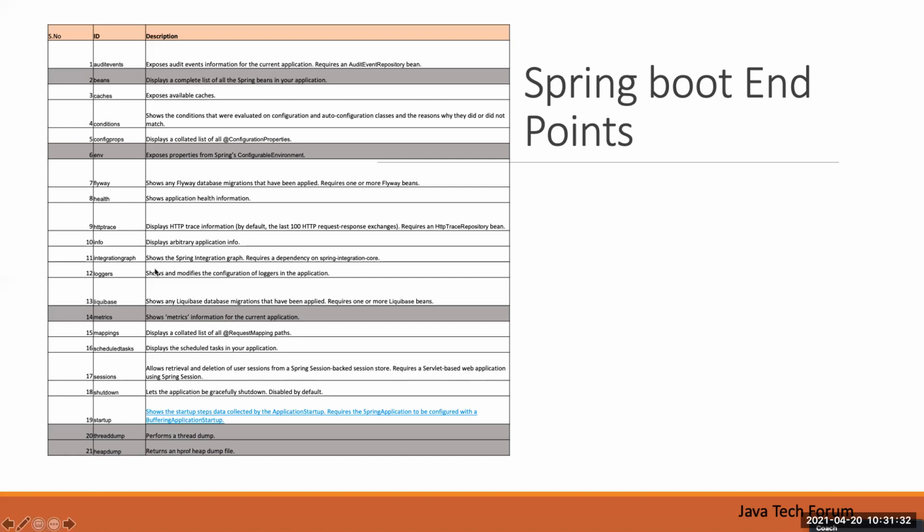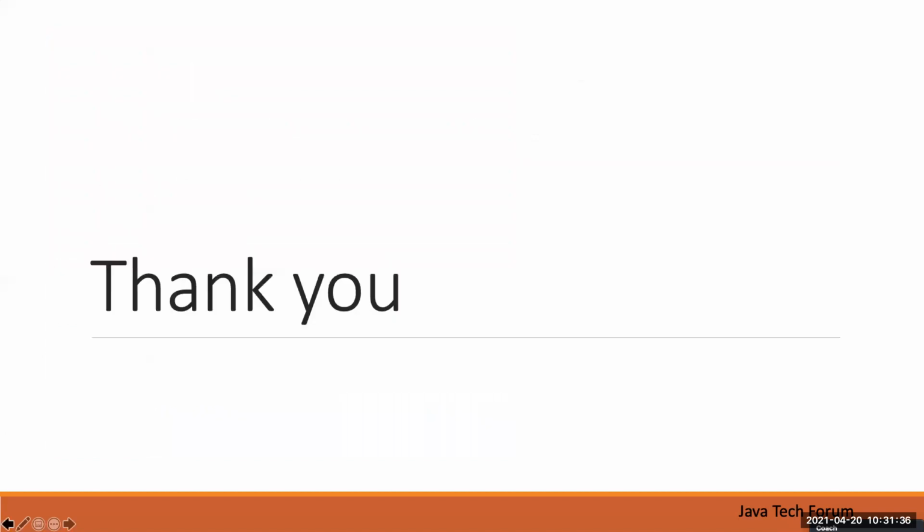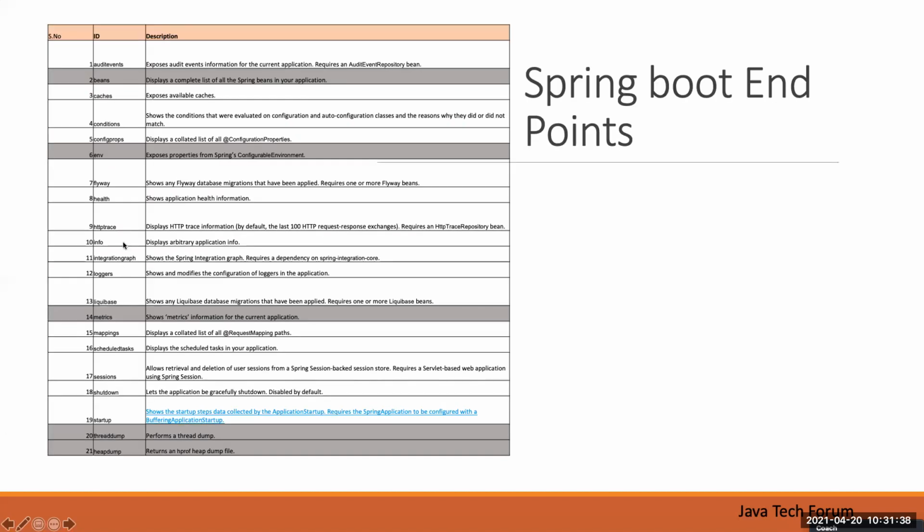We can verify how much heap memory is used, all those things. The next one is metrics. In the metrics we'll get around 15 sub services which will help you debug the applications.